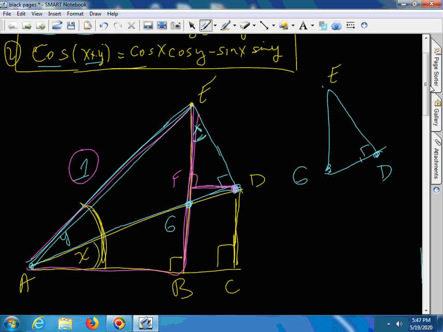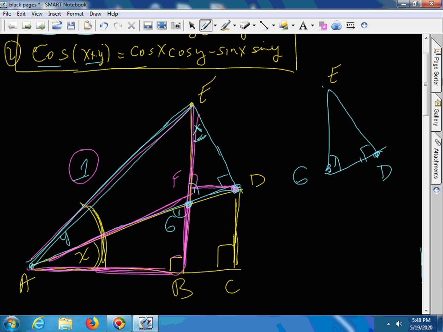Now, here is a right angle. Okay? Now, whatever angle we have here is going to be that same angle there, angle 1. Now, let's look at this bottom left triangle, ABG. Let us just look at this triangle.